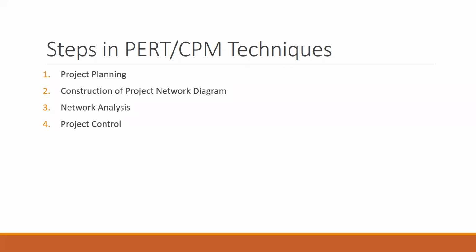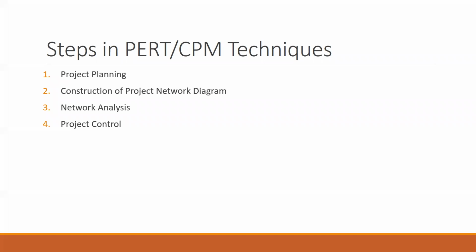Remember, project control is repetitive work where we keep on visiting the diagrams or the analysis which we have done, and take some corrective measures to get the project back on track.